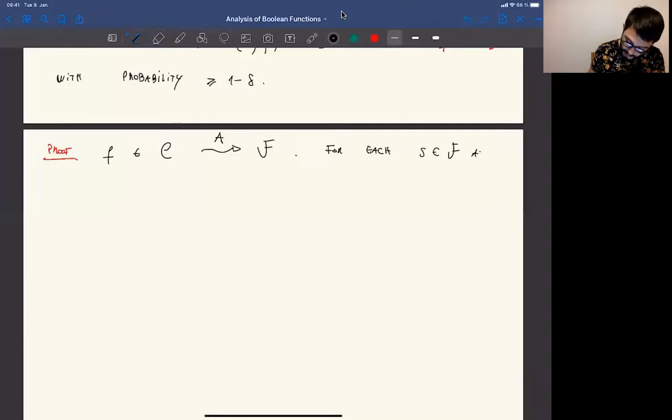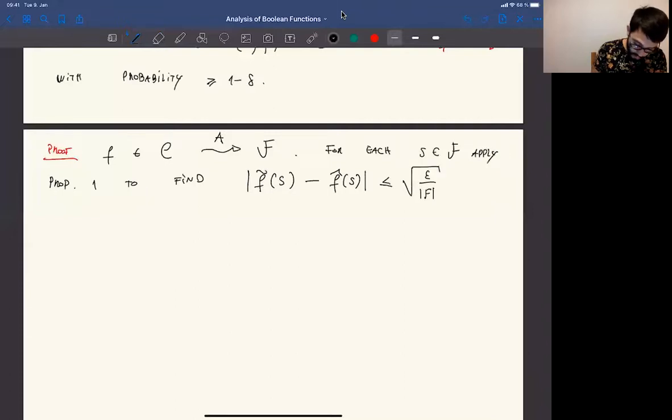We apply proposition 1 to find F tilde of S, an approximation for the Fourier coefficients that works, and I will use these parameters, with probability greater or equal than 1 minus delta of the size of the set.